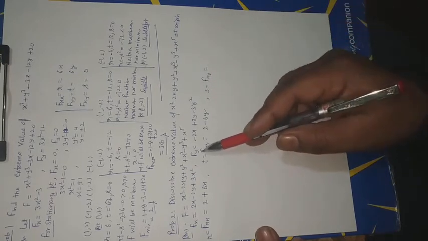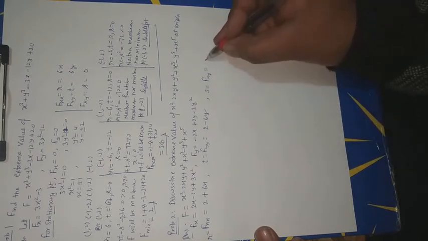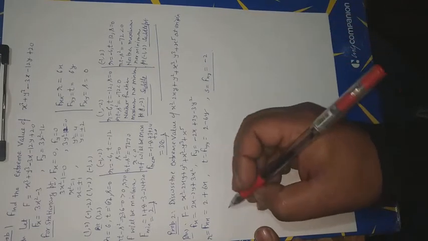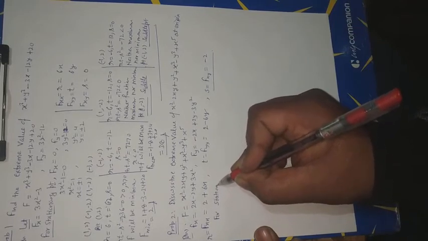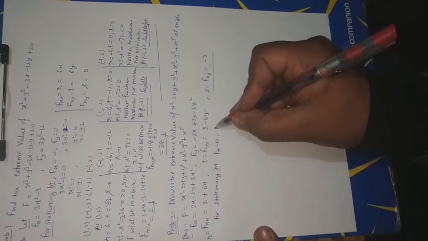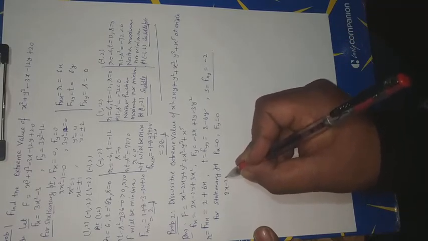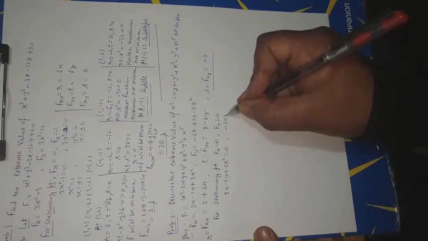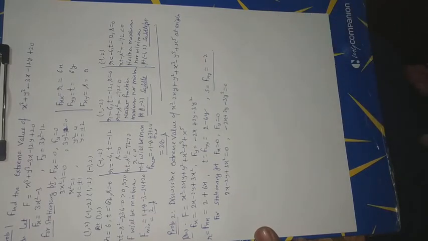Now differentiating fy with respect to x, this is equal to minus 2 only. Now for the stationary point, fx is equal to 0, fy is equal to 0. Now we get 2x minus 2y plus 3x square equal to 0, and minus 2x plus 2y minus 3y square equal to 0.